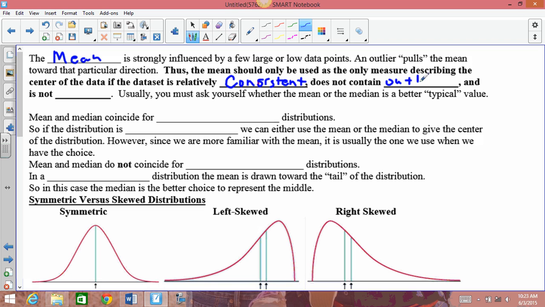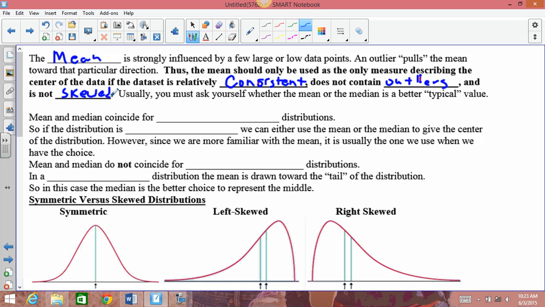Essentially, since the mean is so drastically affected by outliers, we should only use the mean whenever we know that our data is very consistent and doesn't have any outliers. At that point, we don't want our data to be skewed, and we'll talk about skewed here in just a moment.